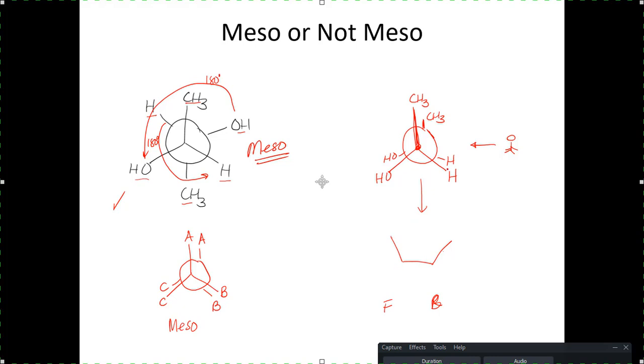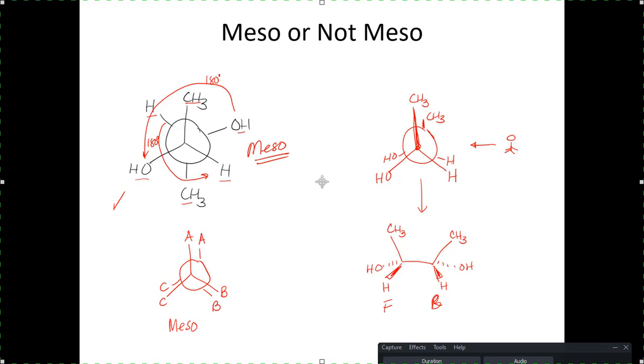Then I'm seeing these two hydrogen groups are down but pointed towards me, and the two OH groups are down but pointed away from me. So the two hydrogens would go on the bold wedge, the two OH groups would go on the dashed wedge, and the two methyl groups in this case are on the positions that, when I am over here, those positions that I have here in bold, those are in the plane of what I'm looking at.